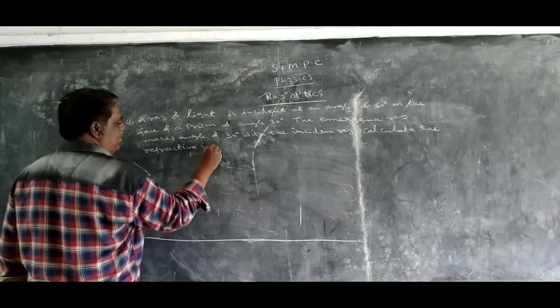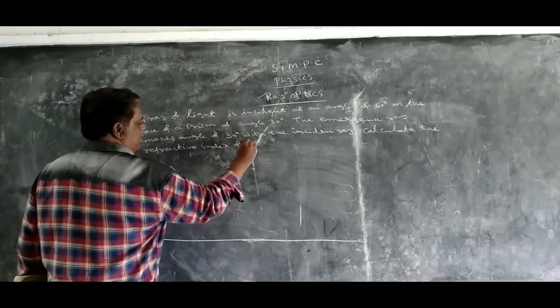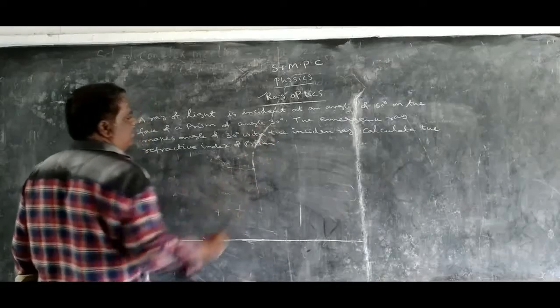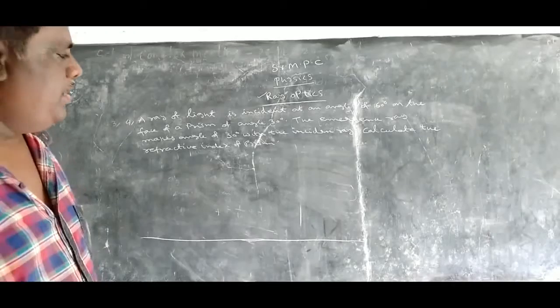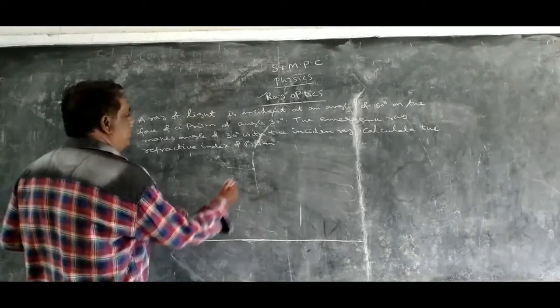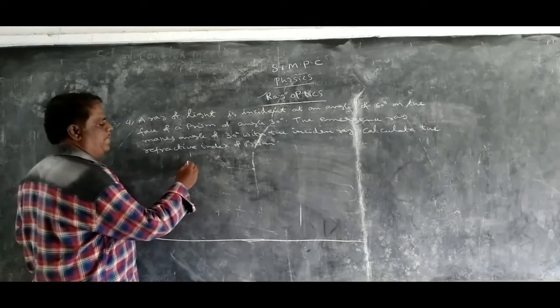Refractive index. So angle of incidence, angle of refraction they are given. From this we have to calculate the mu value, refractive index of the prism.